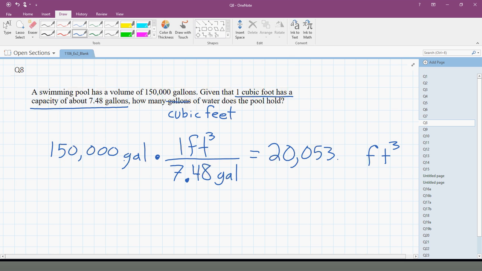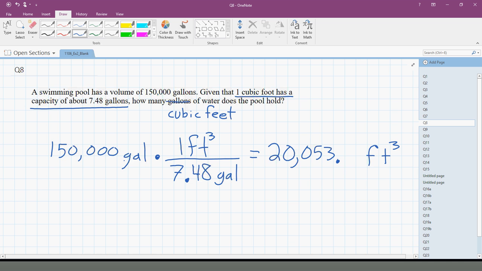Point what? Nearest hundredth. Now you got to look at your calculator. So 2 decimal places. Well, that's what we've got.